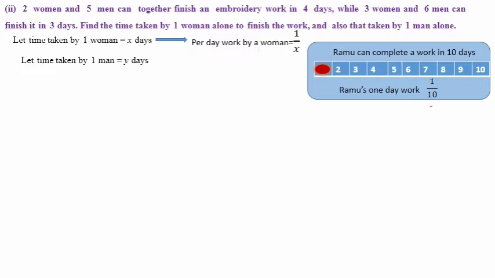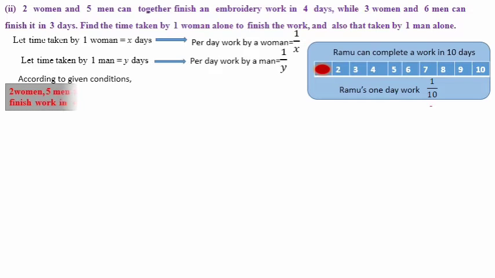Per day work by a woman: total x days she has taken, so 1 part out of x days, that is 1 by x, is 1 day work. Next, per day work by a man: total y days, and 1 day work is 1 part out of y days, that is 1 divided by y.